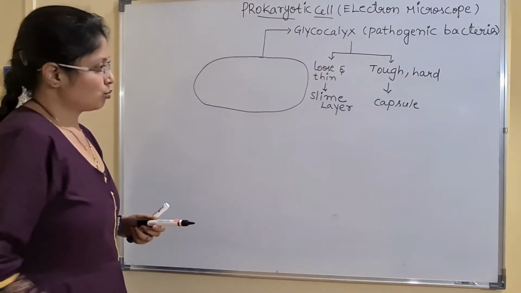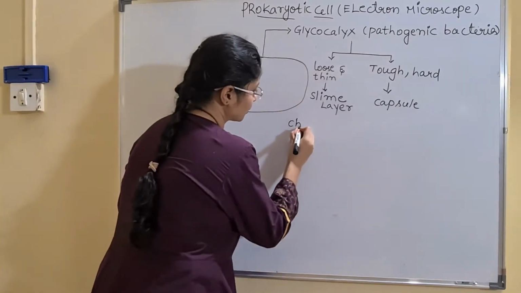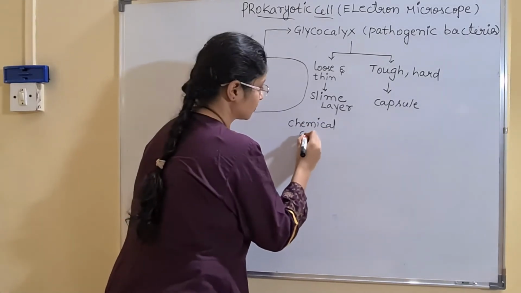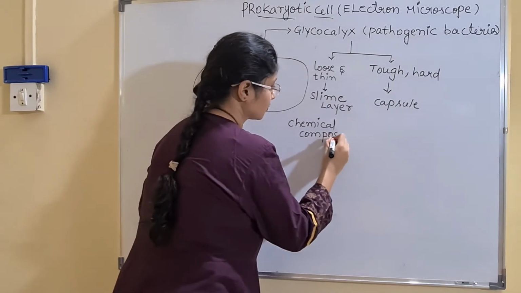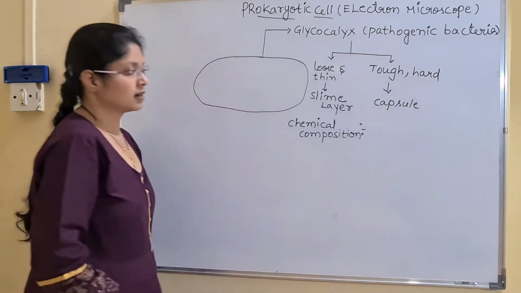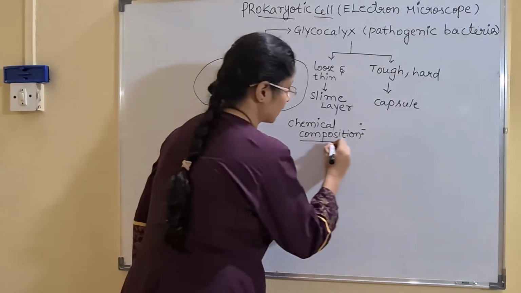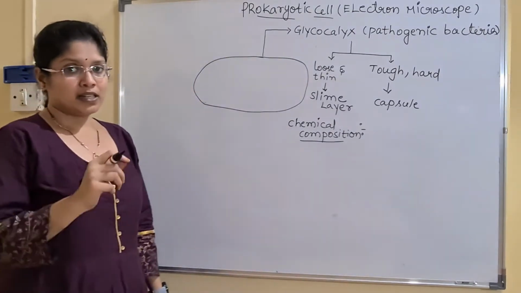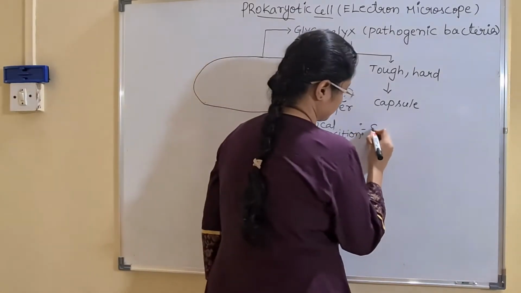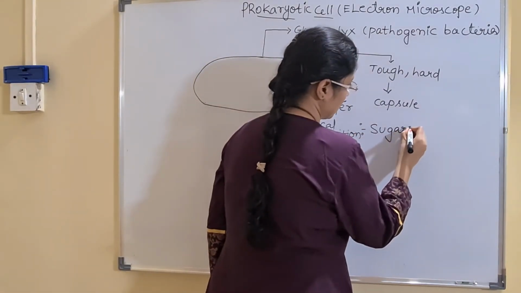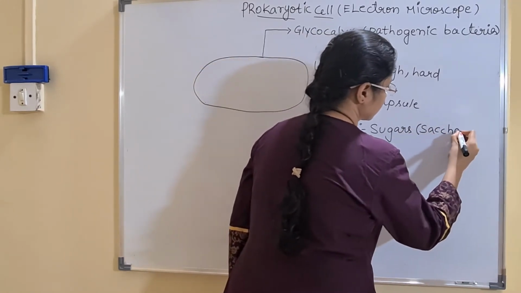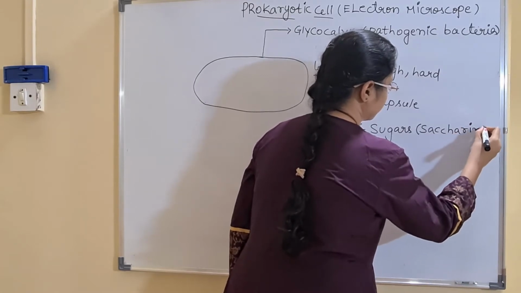Coming to the chemical composition of glycocalyx. The major substance present in the glycocalyx is sugars. The biological term is saccharide; saccharide means sugar.